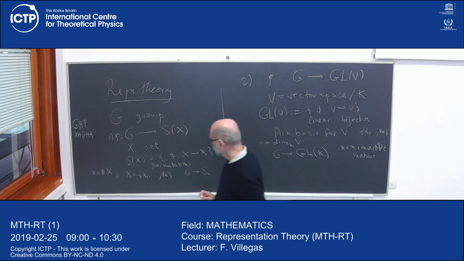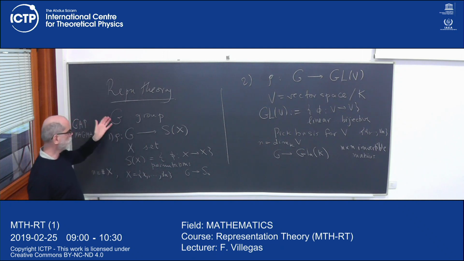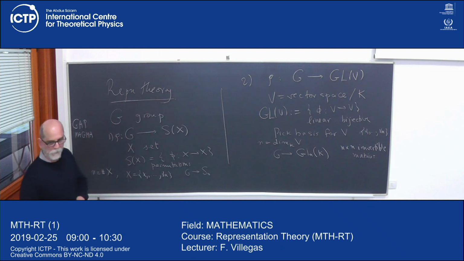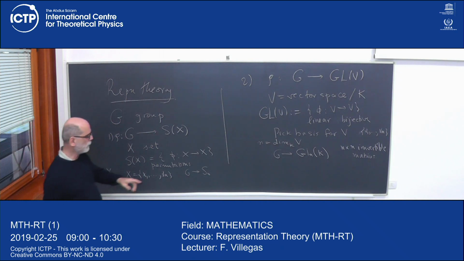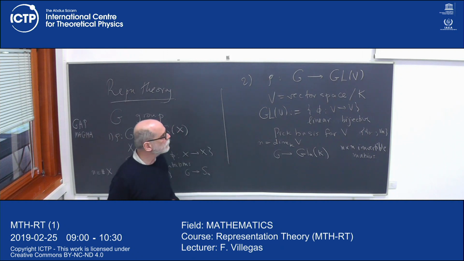So a group, you can associate to it in more than one way, via a map that we call a representation, as a group of permutations or as a group of linear maps.